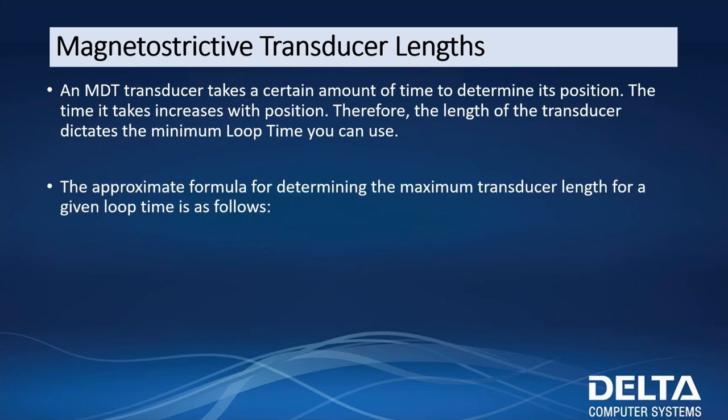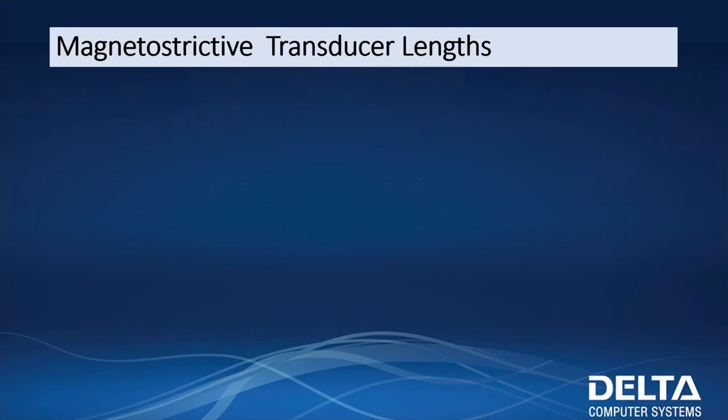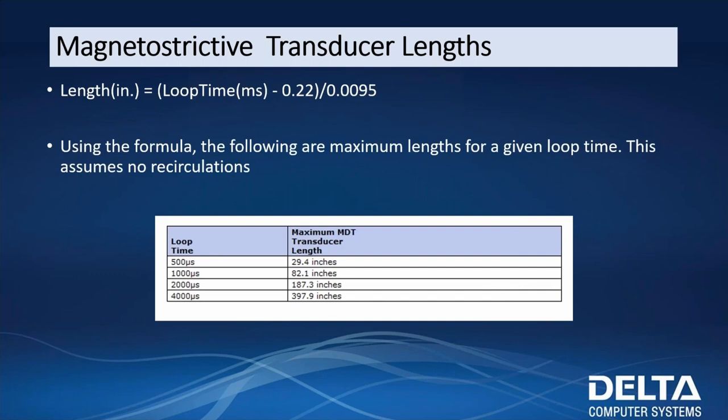We also have a nice formula for determining the loop time. And that's going to be length equals (loop time in milliseconds minus 0.22) divided by 0.0095. But if you don't want to go through and calculate this formula, we also have a nice little table that gives you some different lengths that we can use with our loop times.